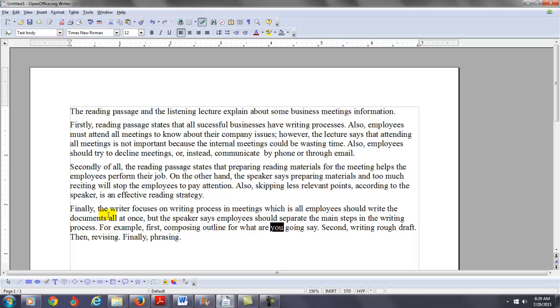What if you said they should separate the main steps in the writing process? How about this? What if you said this? By composing an outline here, and then you can say writing a rough draft.